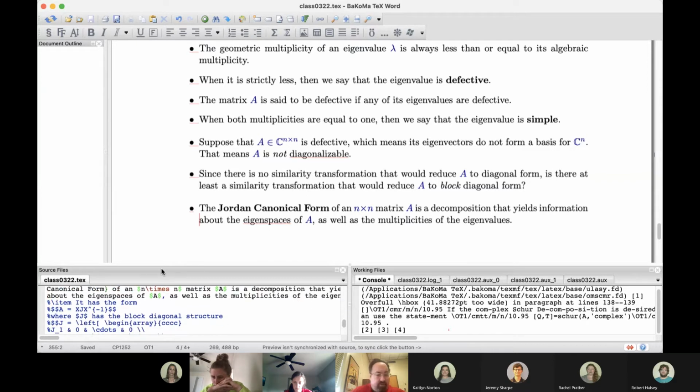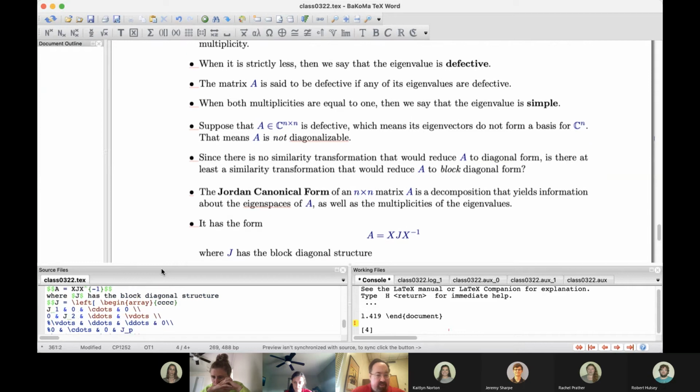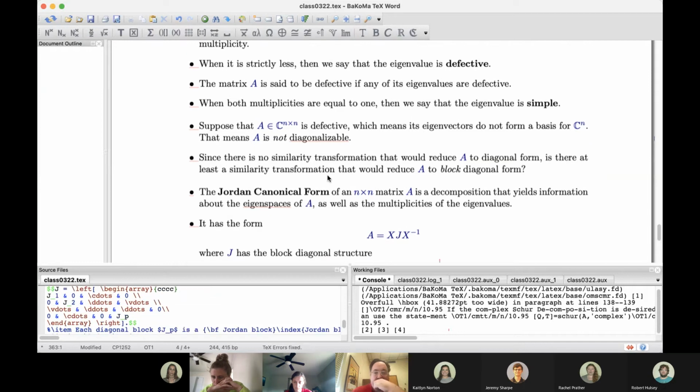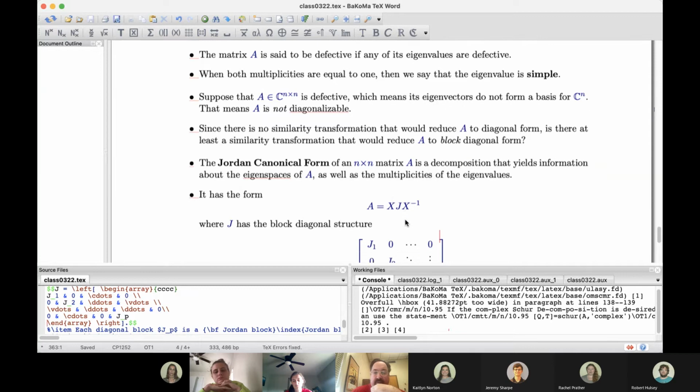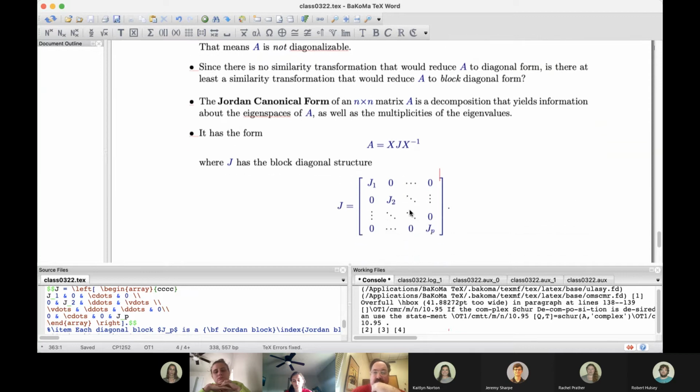So what does a Jordan canonical form look like? It is a similarity transformation of A. We have matrix X on the left, its inverse on the right, and in between a block diagonal structure.